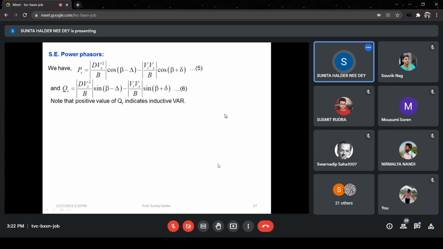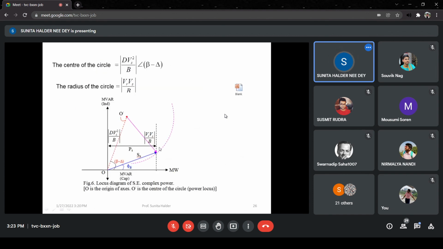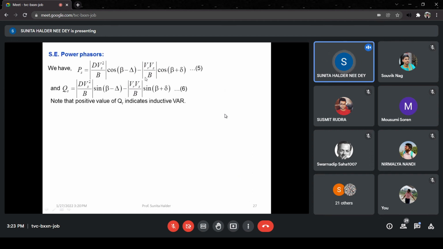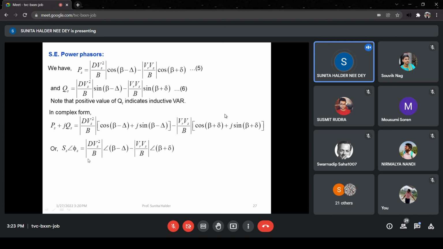I think this is completed here. Okay, I have also shown the power phasors, because from here we cannot show what the angle beta plus delta is. It is not possible to identify. So if we write the power phasors in phasor form, then this is the S phasor equal to this phasor plus minus this phasor.